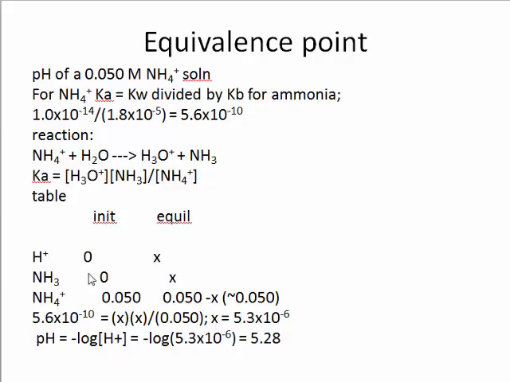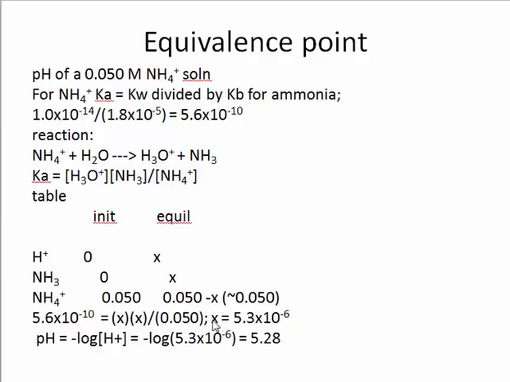We can build an ICE table in which there are no H+ and no ammonia initially, remember, we are at the equivalence point where all NH3 has been neutralized, at least to a first approximation. And if we make the approximation that the change in the ammonium concentration is small, we'll just call that 0.050.